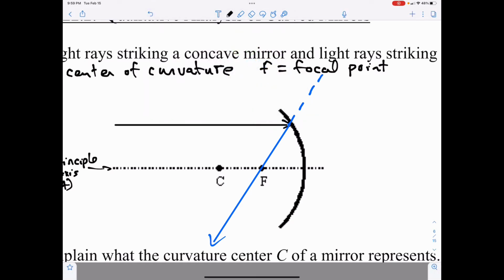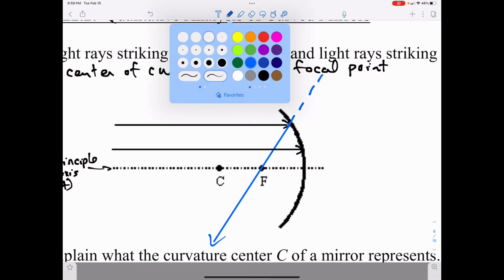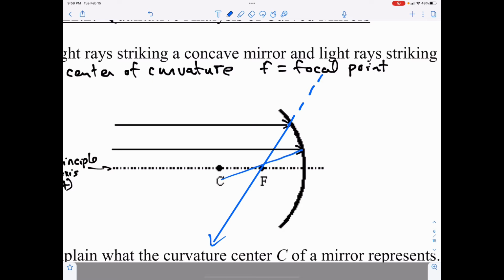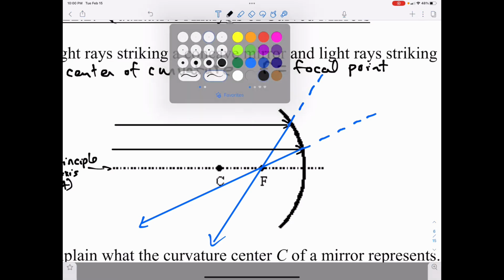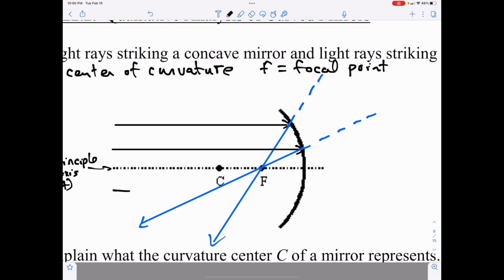Well, if we had another parallel ray come in like this, that parallel ray, guess what? It's going to reflect right through the focal point. There's the back ray extension right there. The same would be true for any parallel rays that happen below the principal axis. You have this third parallel ray coming in.